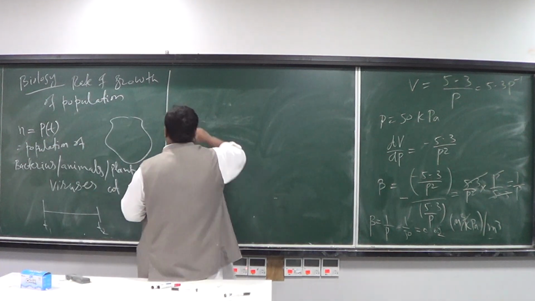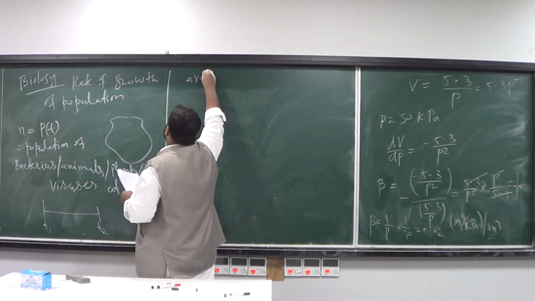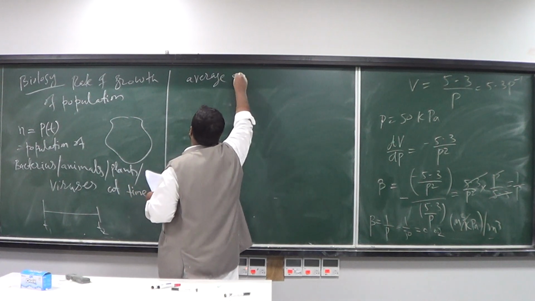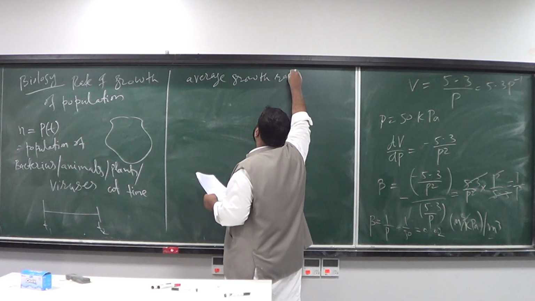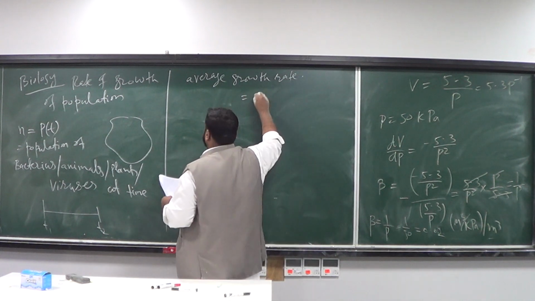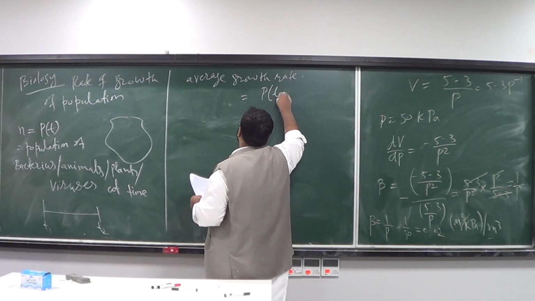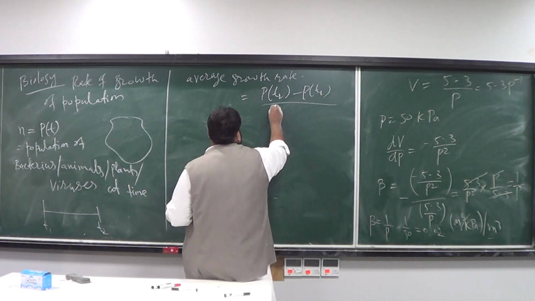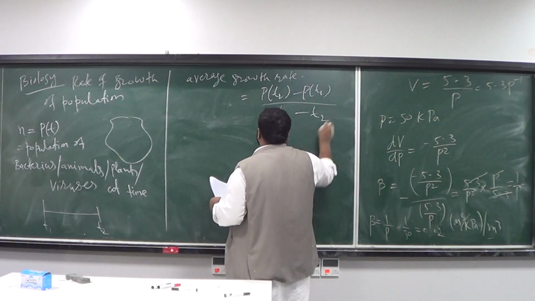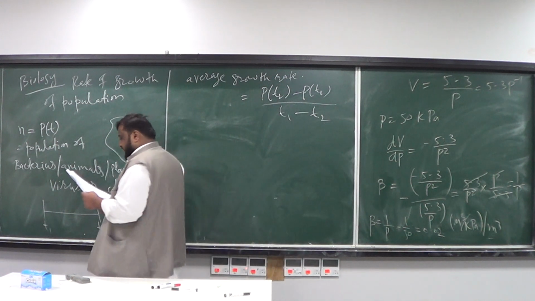So the average growth rate is going to be: you compute the population at time t2, subtract the population at time t1, and divide it by t2 minus t1. So this would be the average growth rate of the population.